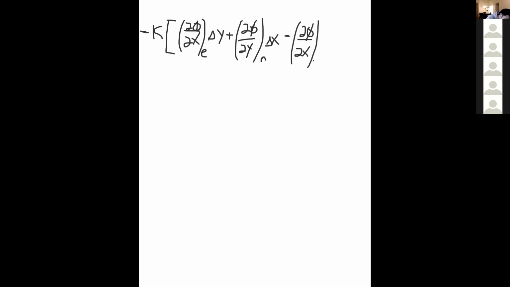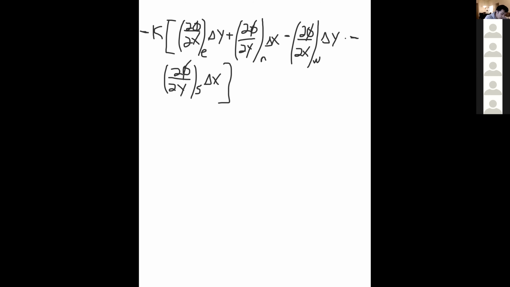We have minus k times d phi dx on the east face multiplied by delta y, plus d phi dy on the north face delta x, minus d phi dx on the west face delta y, minus d phi dy on the south face delta x.